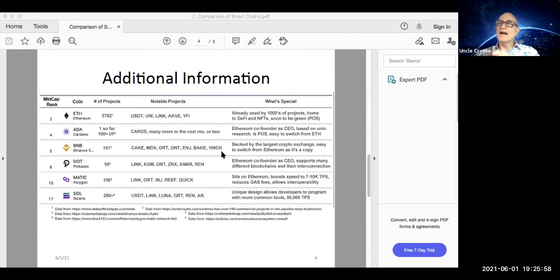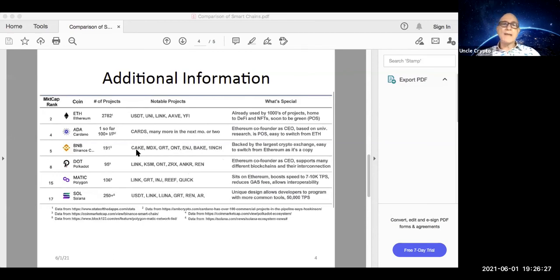It's an Asian blockchain that we don't hear too much about in the States, but it's very big in Asia. And you'll notice that Ontology is on both Polkadot and Binance. And I'd be willing to bet that within a few weeks, it'll be on Cardano. We talked about the graph. MDX, I have no clue what it is.